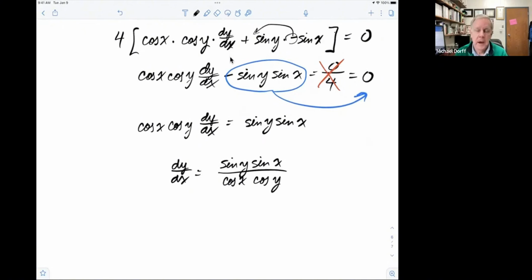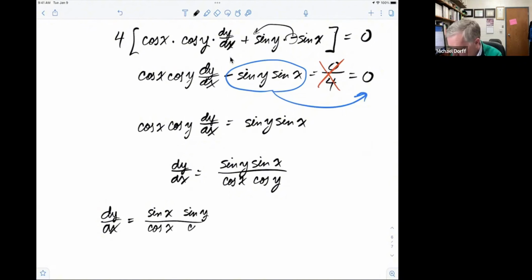But again, on a multiple choice test, or if you were looking at an answer maybe in the back of the book, they may not write the answer this way. What they could do is change the order of what's on top. So I have a sine x and sine y on the top, and on the bottom I have a cosine x and a cosine y.